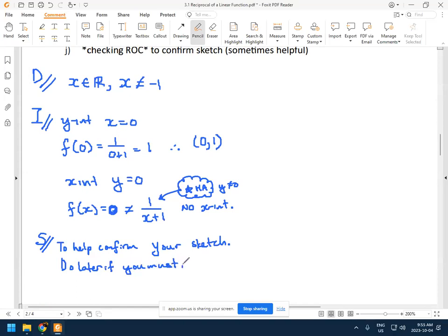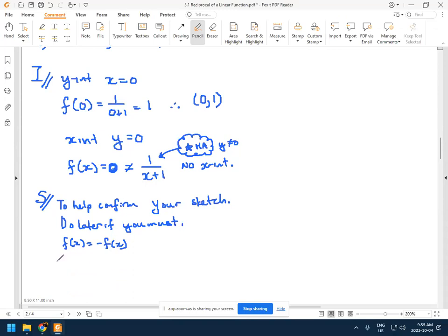And you know how to calculate symmetry, right? You can check if this is equal to that, or you can check if this is equal to that. Sorry. Wait a minute. No, this is a vertical. I need a horizontal.